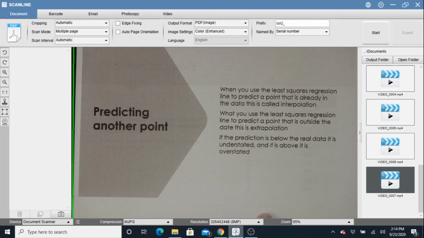That one doesn't work so well, but you know, interpolation is inside, the other one has to be outside. Then, if the prediction is below the real data, it is understated, and if it's above, it is overstated.